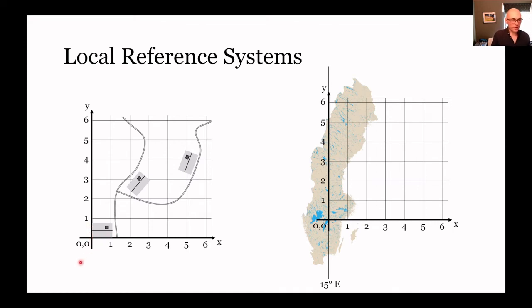Now, the surveyors among you will hopefully right now be crying out, going, no, don't do that, because this is not actually a very good way of defining a system. These walls may not be entirely square. There might be a small error in them, and that error will increase with distance from our starting points. So this is actually not a very good way of defining our coordinate system, but for the sake of illustration, it will do for now. So we have this locally defined system. We don't know where on the Earth we are, but we don't need to, because this is only for working in this small area.